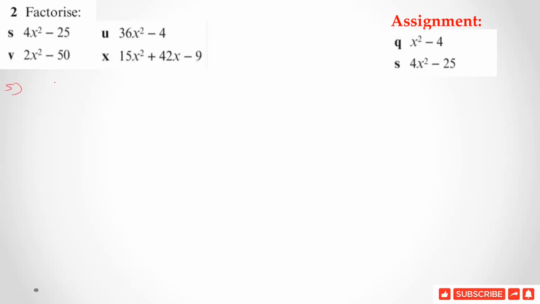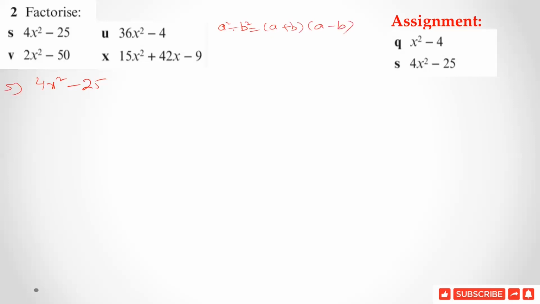Another method we shall use for that: 4x squared minus 25. For this method, we should always remember a basic formula of algebraic expressions: a squared minus b squared is equal to a plus b times a minus b.